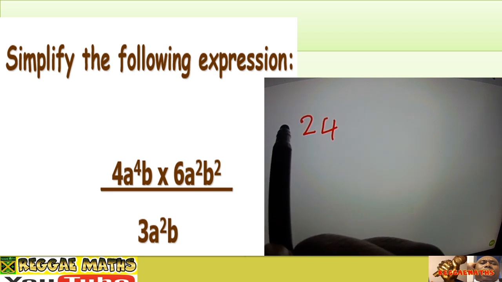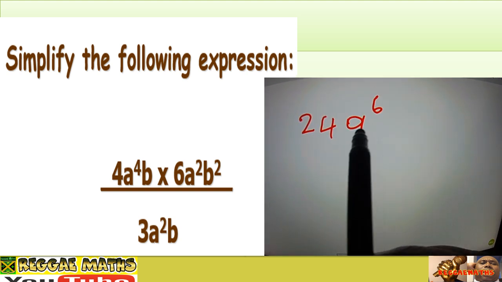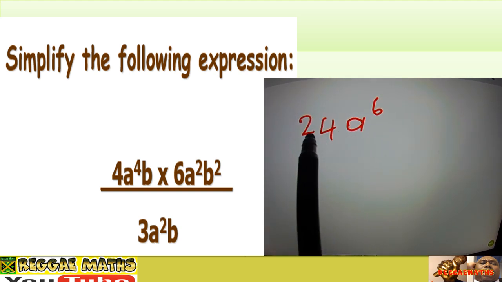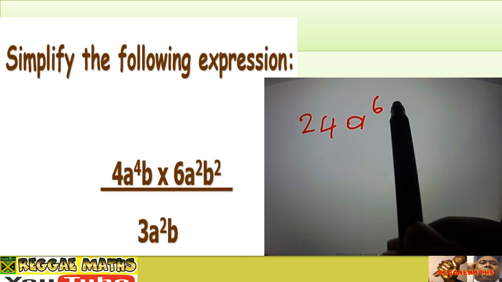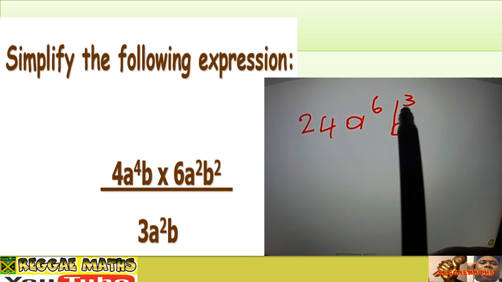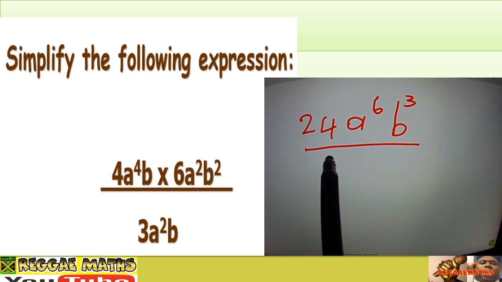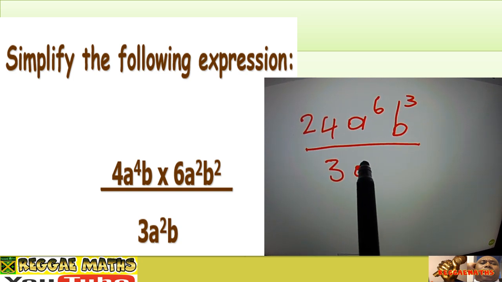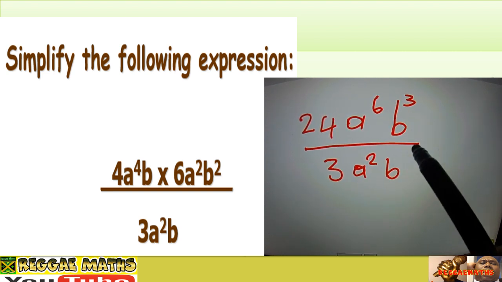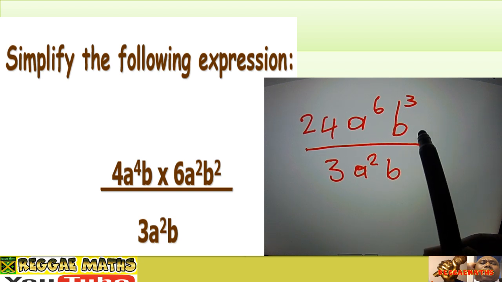So we add the indices. So it's 4 plus 2. So that's a to the power of 6. And b, when there is no number, it means b to the power 1. So we got b times b squared. That's b to the power of 3, divided by 3 a squared b. So now let's go through and actually work this out.